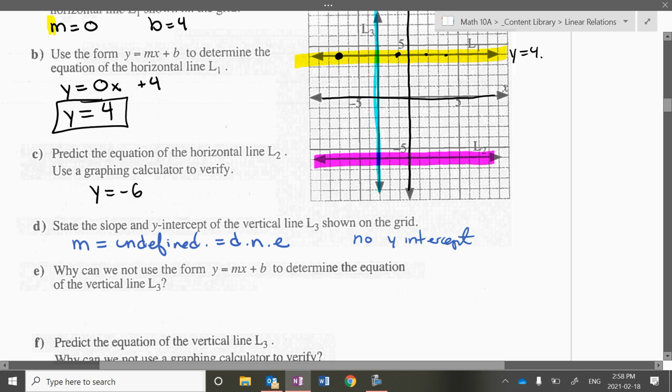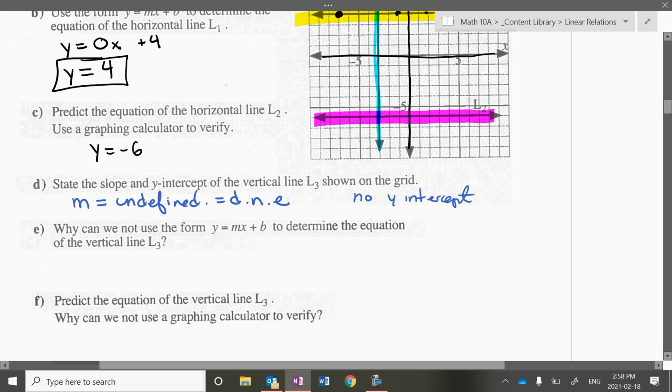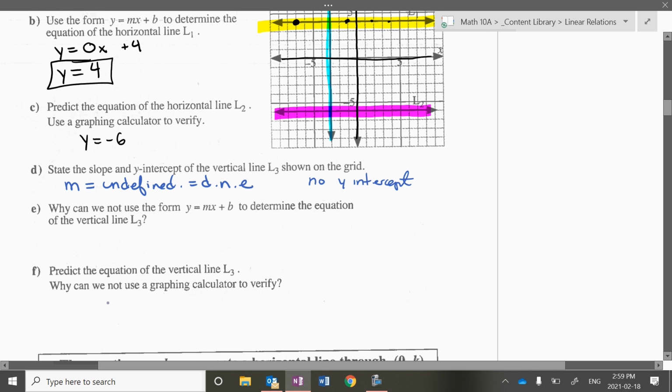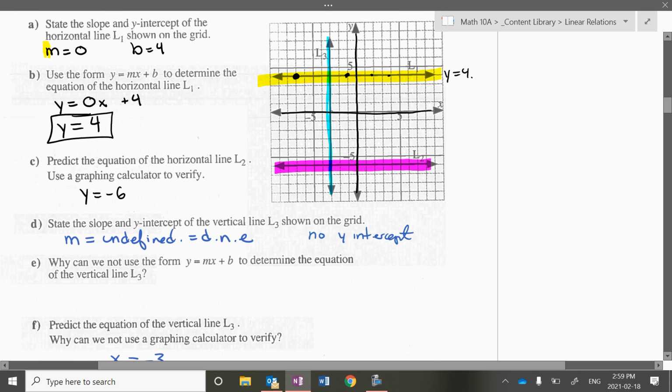So the way you describe a vertical line is by saying, in this case, x is equal to -3. Because every single x point on here is at -3, right? Like this would be -3 and 0, -3 and -1, -3 and -9.